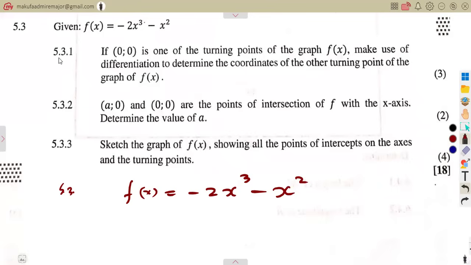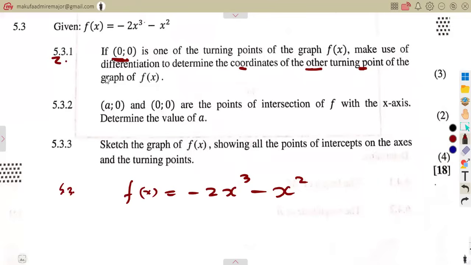With this function, we are given 5.3.1: if (0, 0) is one of the turning points of f of x, make use of differentiation to determine the coordinates of the other turning point. So whether we are given that it's one of the turning points, it actually does not make a difference, because the finding of the turning point is not affected by being given another turning point.